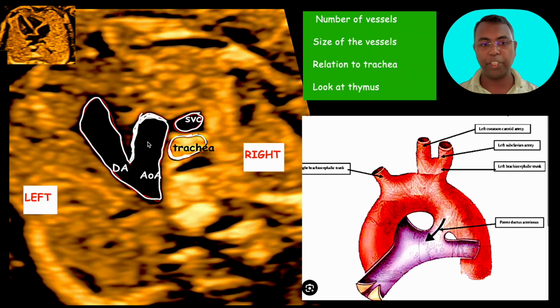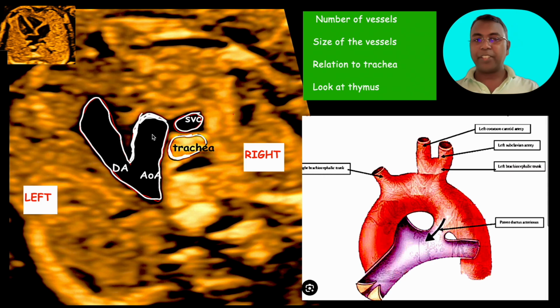If the aorta is very small, or if you don't see the aortic arch joining the ductus arteriosus here, the possibilities are coarctation of aorta, interrupted aortic arch, or tubular hypoplasia of the aortic arch. There are certain other conditions also where this view can be abnormal. That's the reason this view is also very important in basic echocardiography.